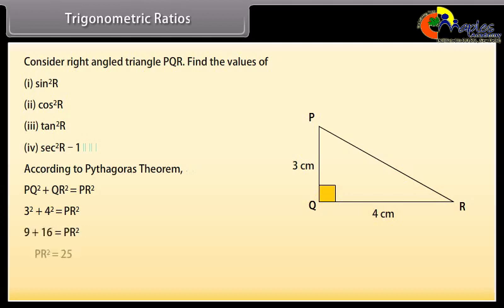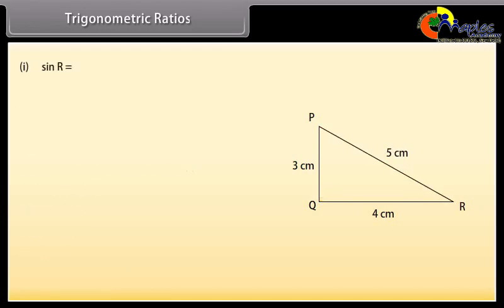Now, by calculating it, we get PR is equal to square root of 25, which is 5 centimeter. Now, sin R is equal to PQ upon PR, which equals 3 upon 5. Sin square R is equal to 3 upon 5 whole square, which is 9 upon 25.